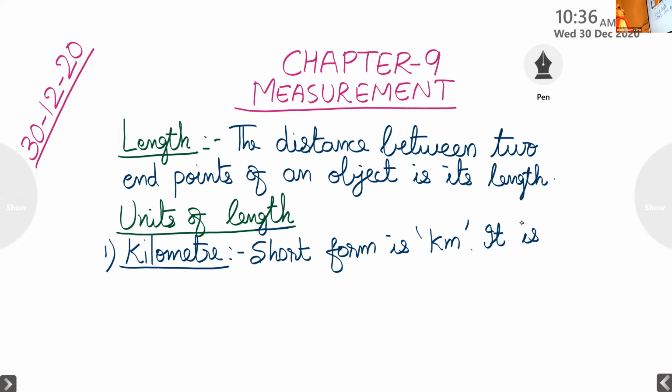Feeling hungry, did not eat the breakfast. I ate the breakfast. Then what happened? Feeling sleepy after eating the breakfast. Okay.